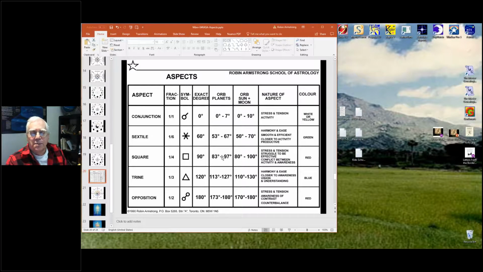Okay, so there are 3 aspects that will cause stress, and 2 aspects that will be not stressful, or more harmonious. Easy, you say, oh, I'm glad I have the harmonious. But if you're in a restaurant and 50 people are sitting harmoniously eating their meal, and one person starts screaming, that one person is going to get all the attention until it's settled down.